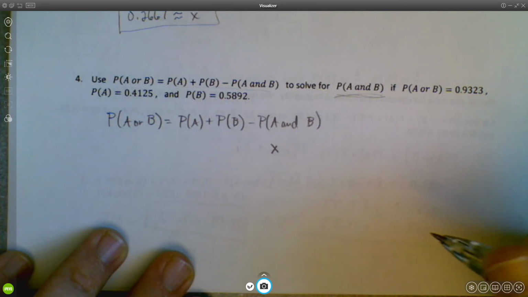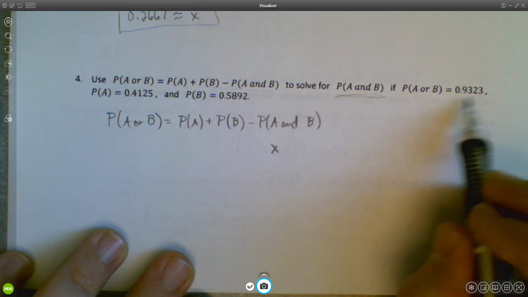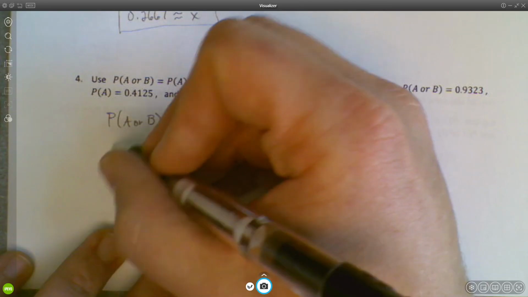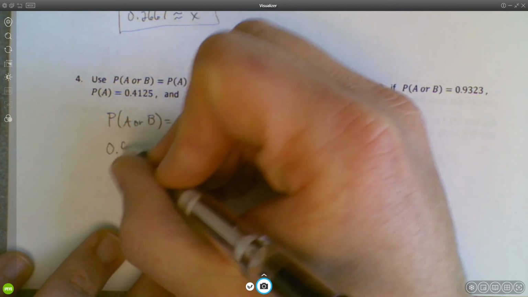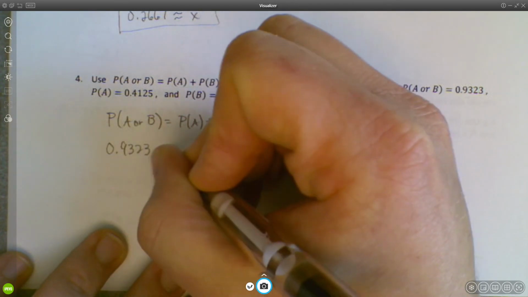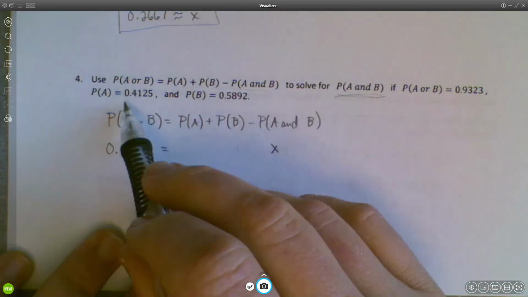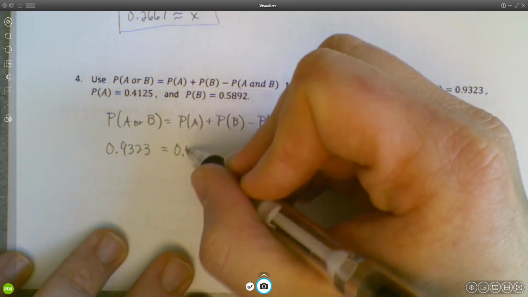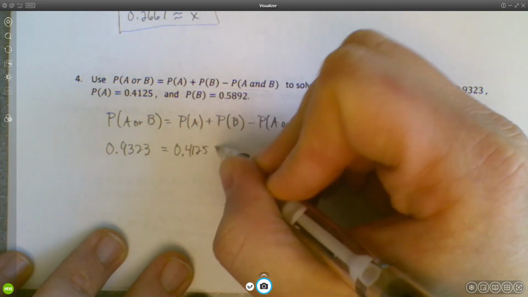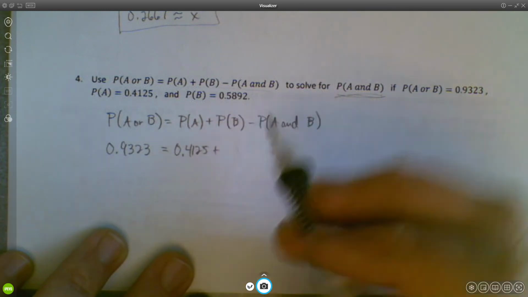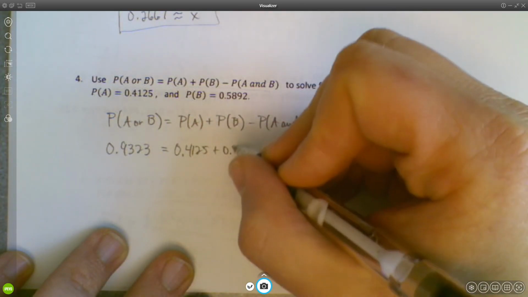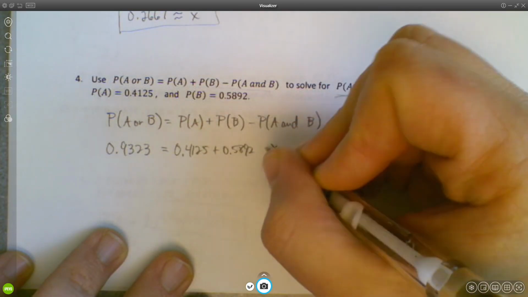Okay. Then we're told probability of A or B is 0.9323. So this I'm going to replace with 0.9323. We're told probability of A is 0.4125. And we're told that probability of B is 0.5892.